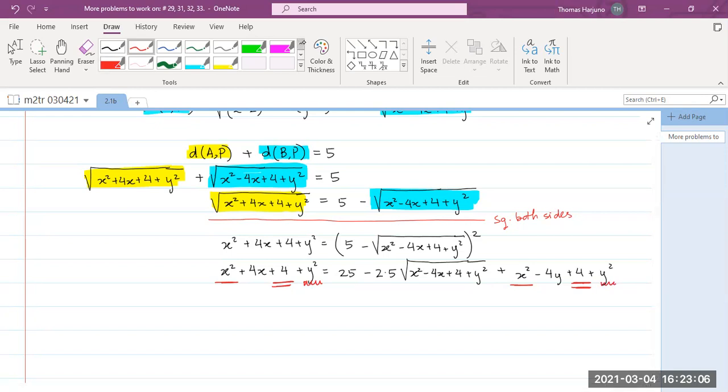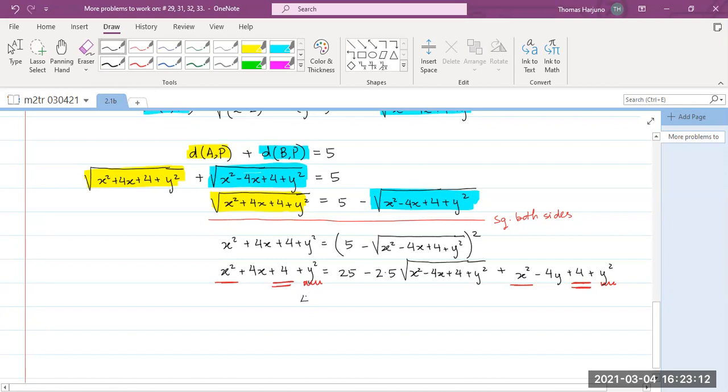right? So if I clear up a little bit, then I have on the left hand side 4x. Actually, this is 4x here, not 4y. This is negative 4x equals to 25 minus 4x minus 10 times square root of x squared minus 4x plus 4 plus y squared.